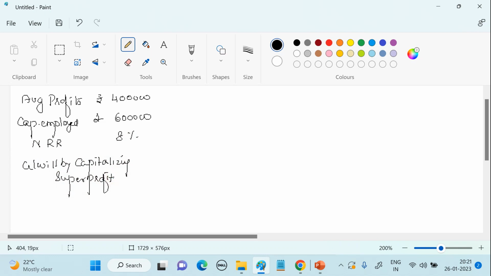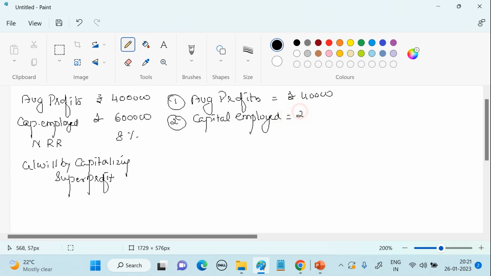So now, the first step was average profit. That is already given to us, rupees 4 lakh. Then they have also given us the capital employed, no need to calculate, simple. Rupees 6 lakh. Now we have to find out super profit. To find out super profit, we need to know the average profit and normal profit. Average profit available, normal profit we have to calculate.